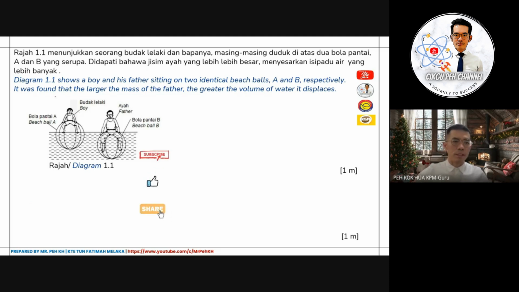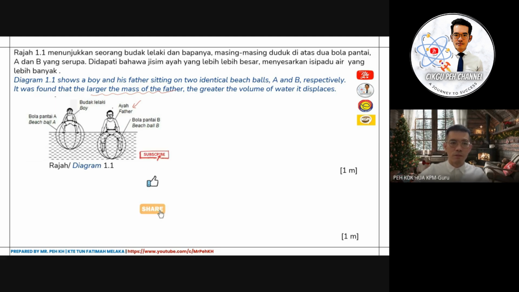Okay, so the question will be like this. Diagram 1.1 shows a boy and his father sitting on 2 identical beach balls, A and B respectively. You can just look at this figure. The boy sits on beach ball A, and the father sits on beach ball B. It was found that the larger the mass of the father, the greater the volume of water displaced.